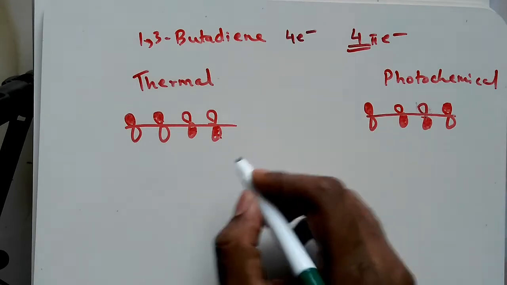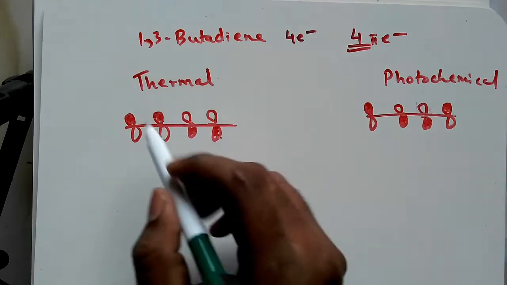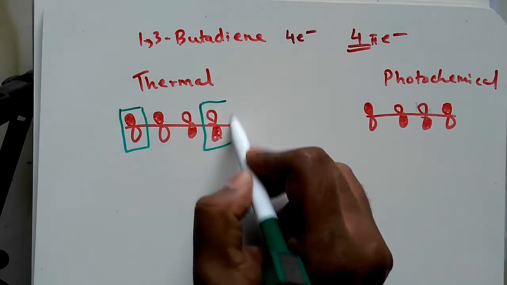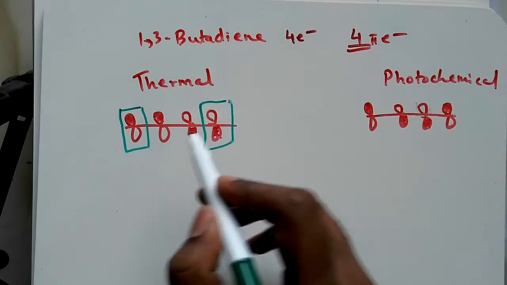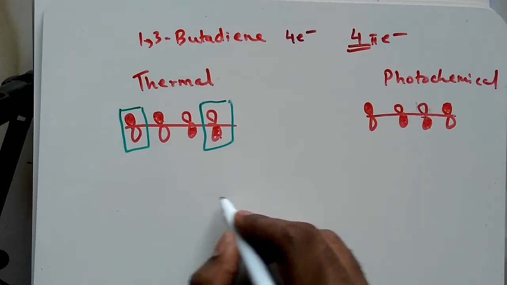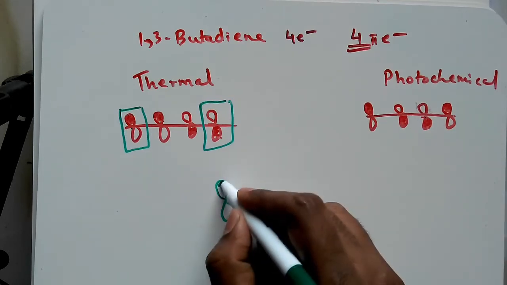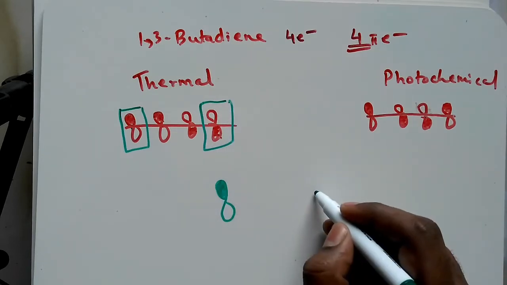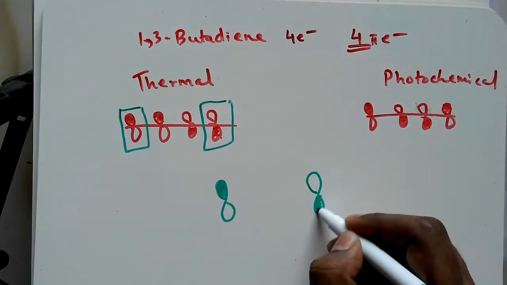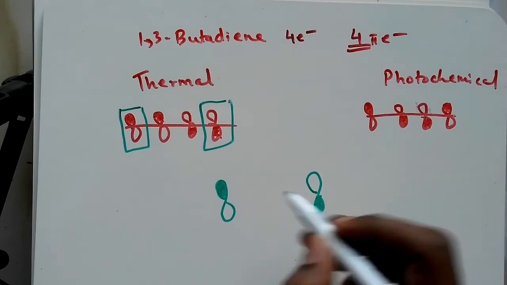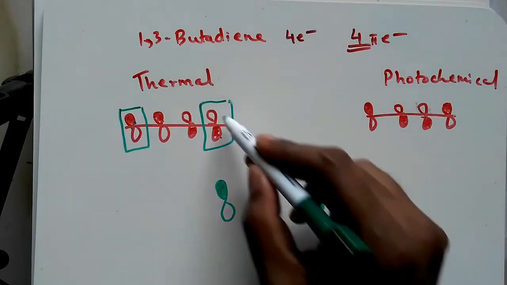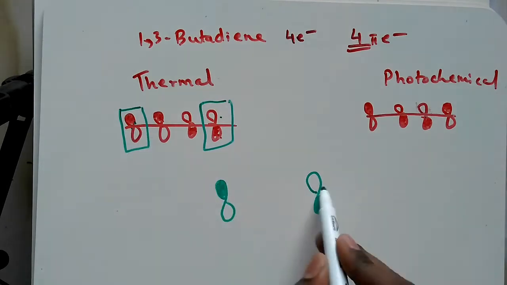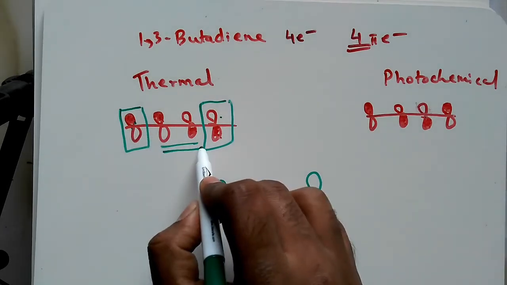When we are considering the conrotatory or disrotatory motion, we are concerned only about the last lobes. We have to check only the last lobe. Now the first lobe here looks like this, one phase up, and at the last lobe the phase is down. One phase up and one phase down. We are concerned only about the final lobes, not about these other lobes.